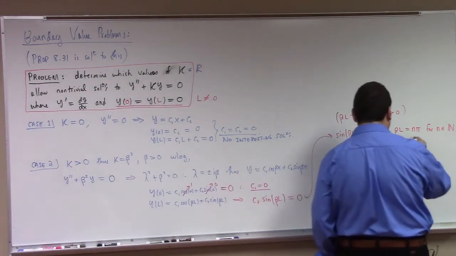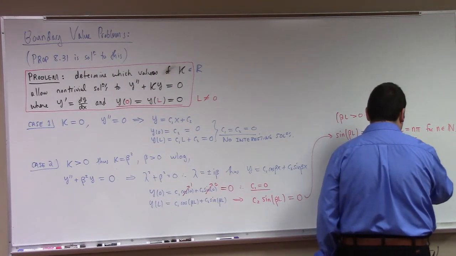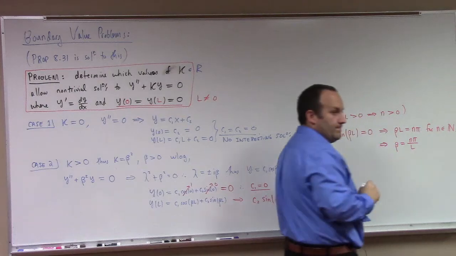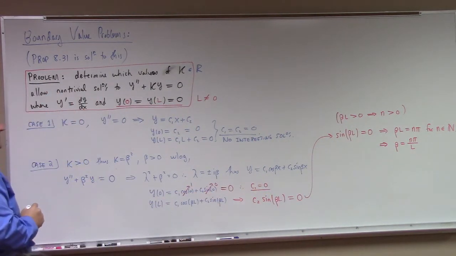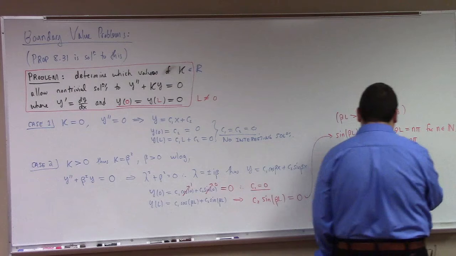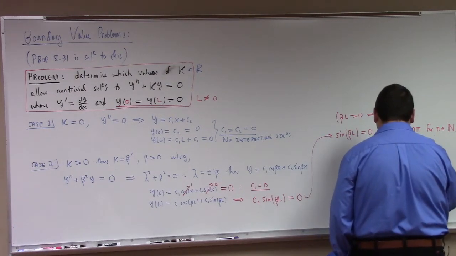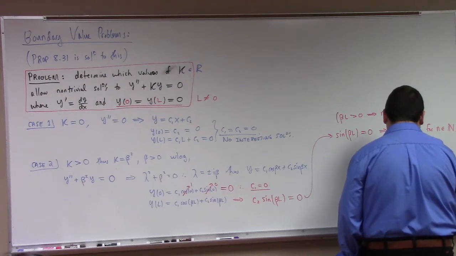Okay, great. Then apparently beta is equal to n pi over L, right? And what does that make K? That says that K is equal to n squared pi squared over L squared, right?